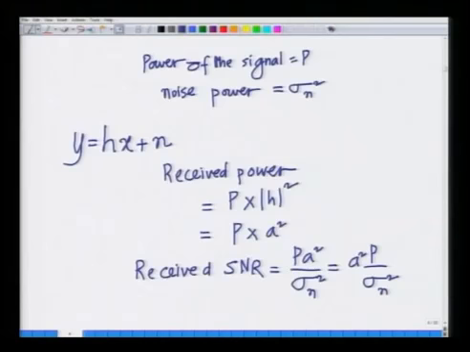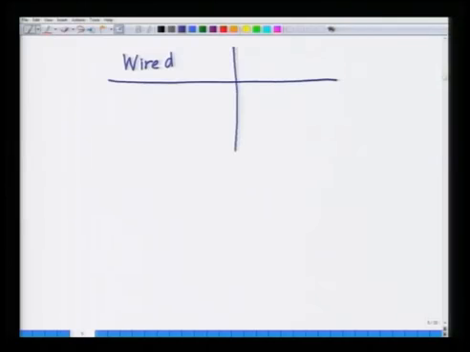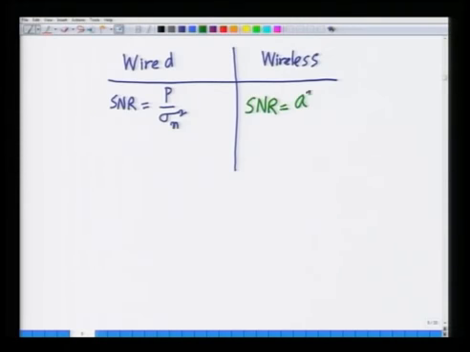Now, this is similar to the AWGN channel, which is similar to the wired communication channel. Let us do a comparison. In a wired channel, we said SNR equals P over sigma n square. In a wireless channel, SNR equals a square times P over sigma n square.